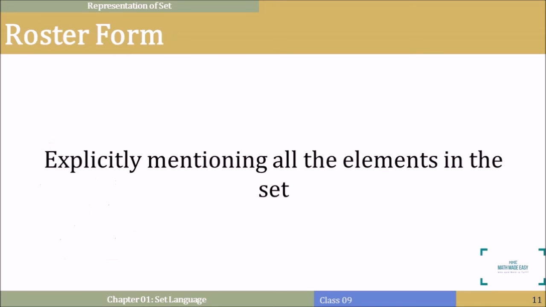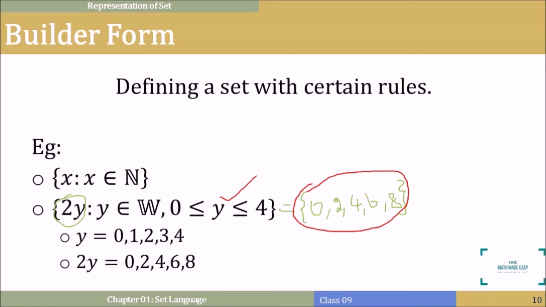And the next one is roster form, explicitly mentioning all the elements in the set. That is, you will be mentioning each and every element belonging to the set, like I did here. So in the set builder form, we saw that this set is 0, 2, 4, 6, 8, and this set is 1, 2, 3, 4, 5, 6, the same as natural numbers.